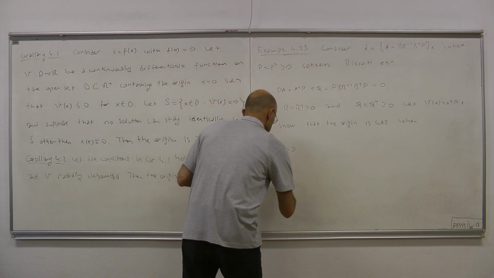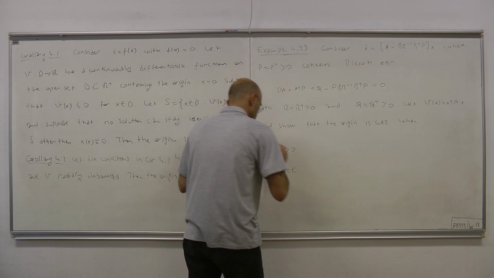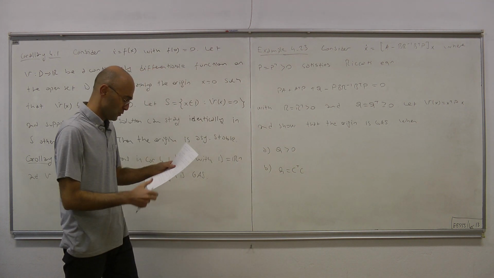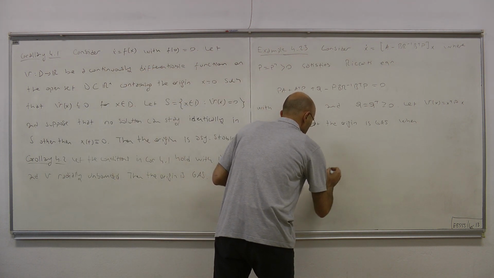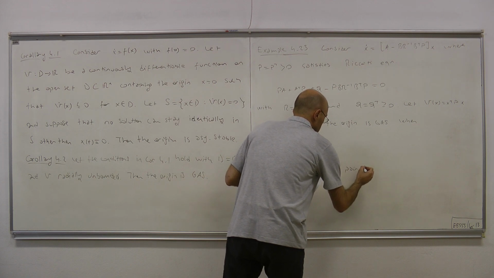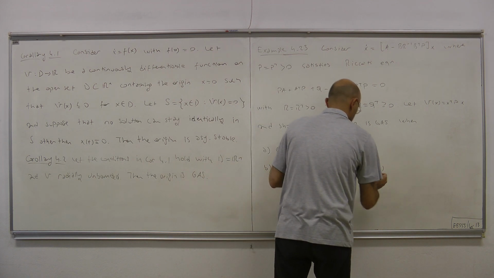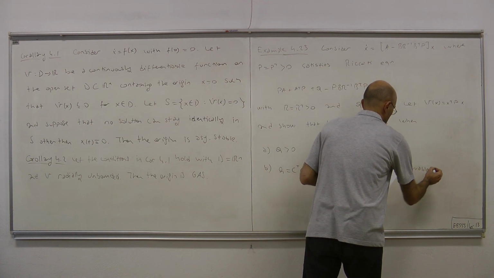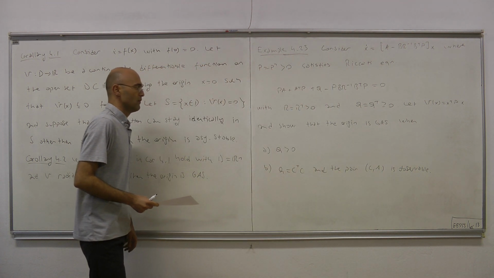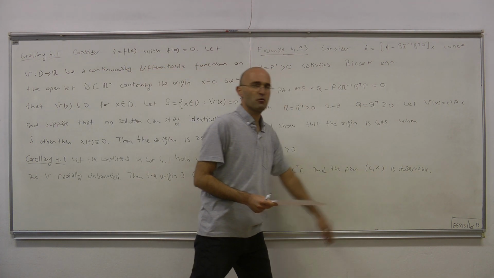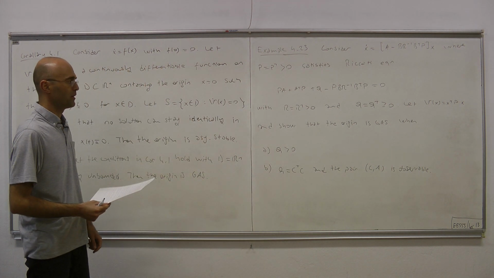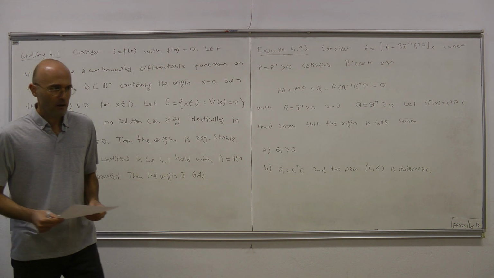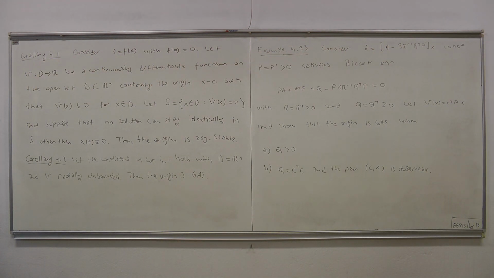And in case B: Q equals C transpose C. Q can be expressed in this form, C transpose C, and this pair (C, A) is also observable. If you cannot remember what observable was, now is a good time to go and refresh your linear systems theory.